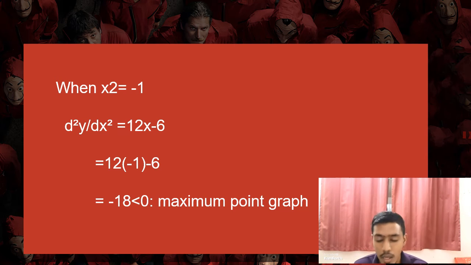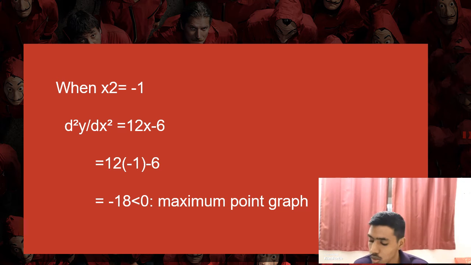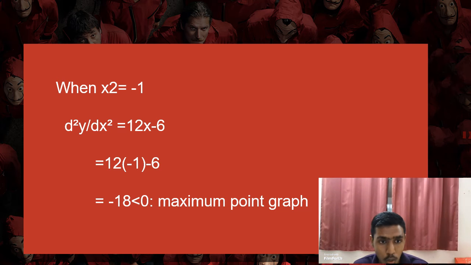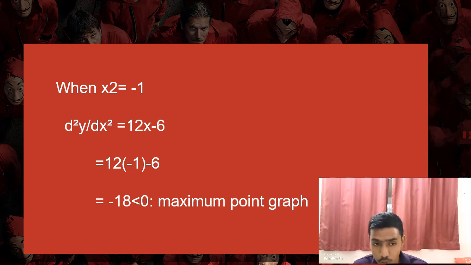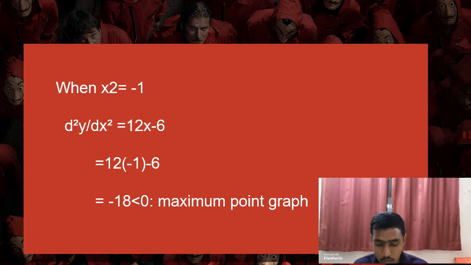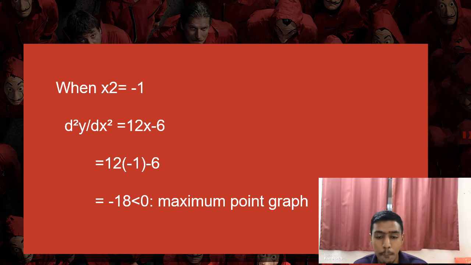After that, when x2 equals negative 1, we replace x with negative 1. d squared y over dx squared equals 12x minus 6, which equals 12 times negative 1 minus 6, which equals negative 18, less than 0, the maximum point of this graph.